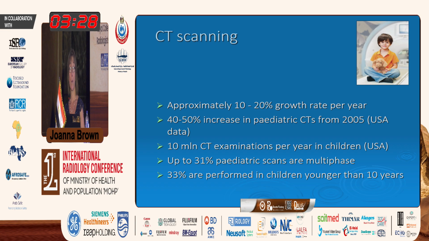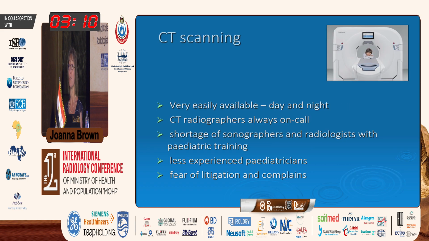Two months ago, at the Asian Congress of Pediatric Radiology, some radiologists from China shared with us that for the diagnosis of appendicitis, they do a 3-phase CT examination because this is what they are doing. So why are we increasing CT examinations so much?